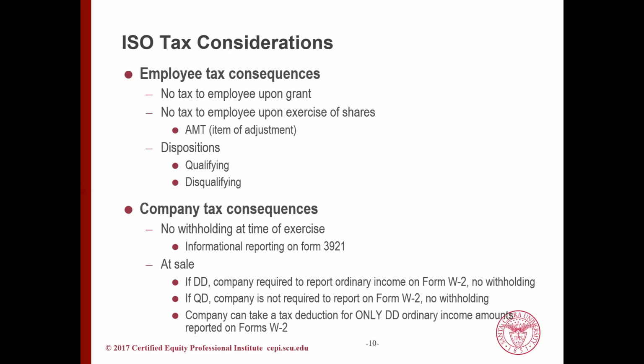If the sale is a qualifying disposition, the company is not required to report. The company can take a tax deduction only for disqualifying disposition ordinary income amounts that the company has reported on the W-2.